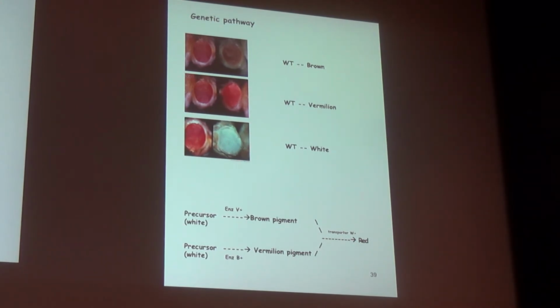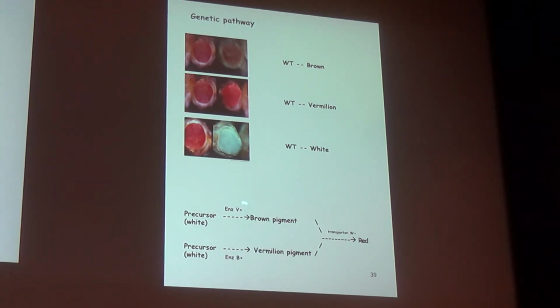Drosophila geneticists love to make things complicated. They label the mutant based on the phenotype. So just imagine, if you have a mutation in this pathway here, what's going to be made? Which pigment is going to be made? Just vermilion, correct? And that vermilion will be transported into the facet of the eye, and it will look vermilion.